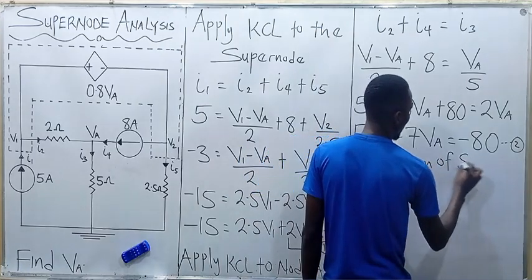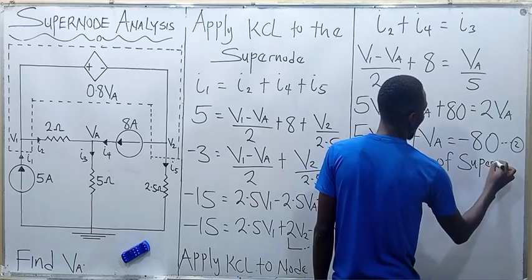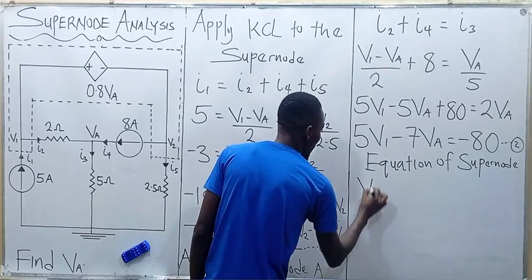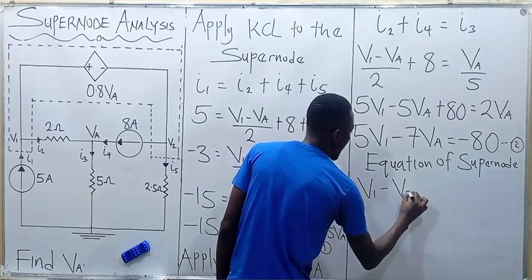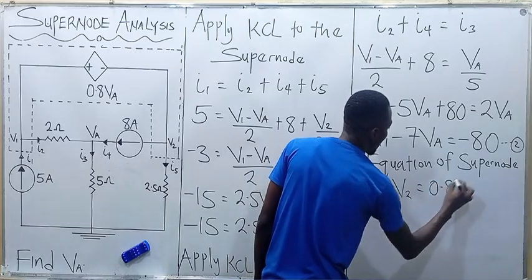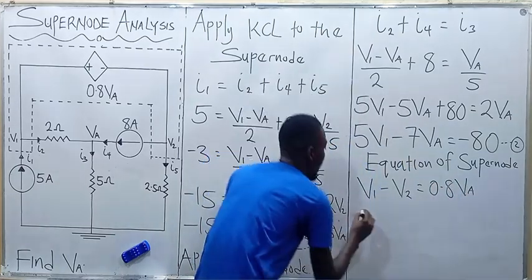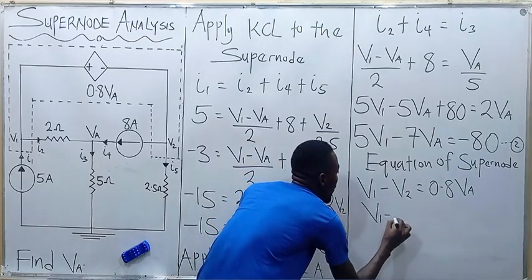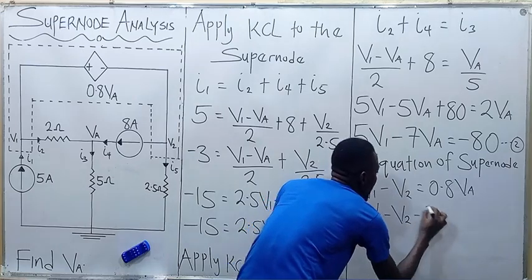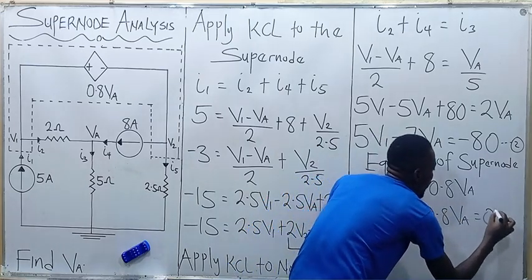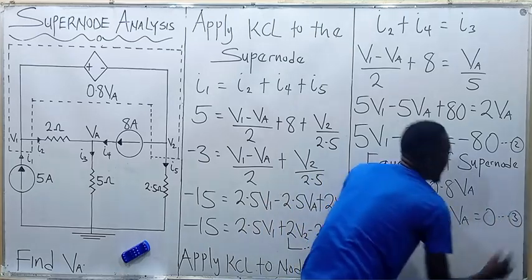All right. So it's going to be V1 minus V2 equals to 0.8 VA. So if we rearrange this, we are going to have V1 minus V2 minus 0.8 VA. This will be equals to 0. This is equation number 3.